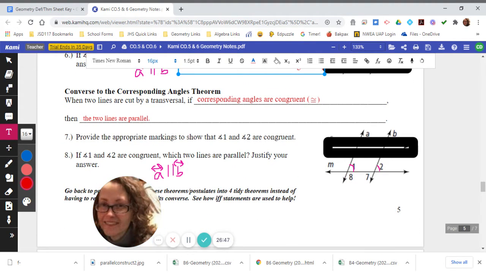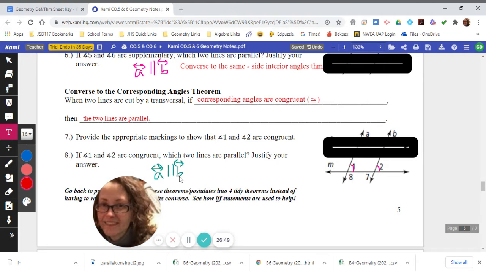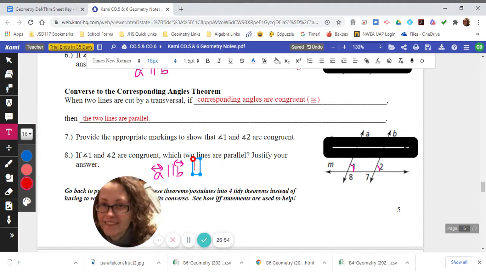And then for this one, again, starting with the angles, ending with the parallel lines tells me I'm using the, well, this should be the corresponding, oh, no. This one is the converse to the corresponding angle theorem.